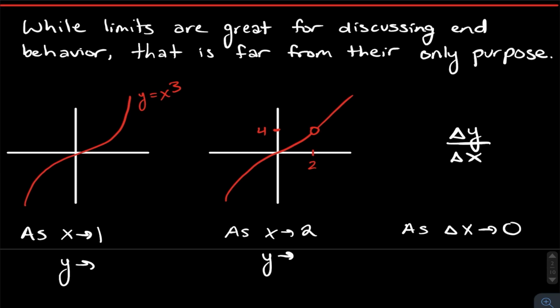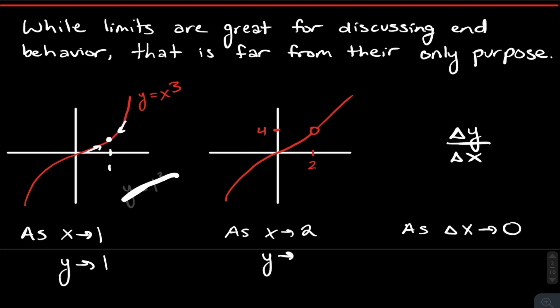As x approaches 1, let's say that 1 is right here, what does y approach? What does y become? As we move along the curve in these directions, this way and this way, what does the value of y get closer and closer to? It would be the value of that graph at x equals 1, which is 1 cubed, that's 1.